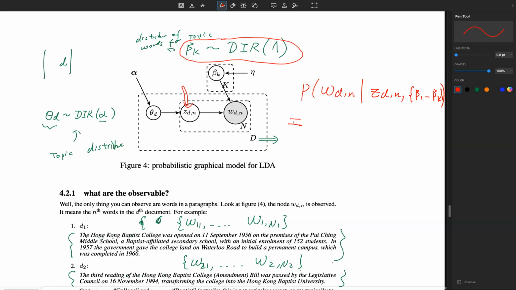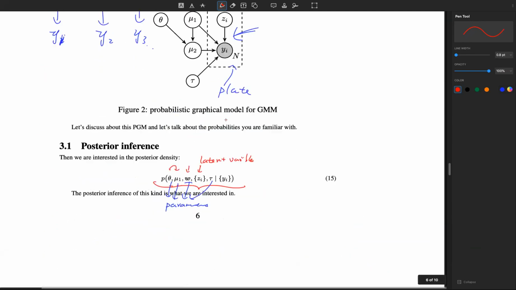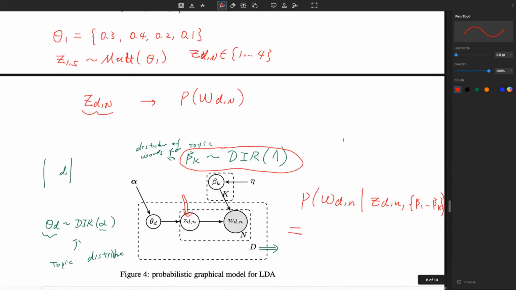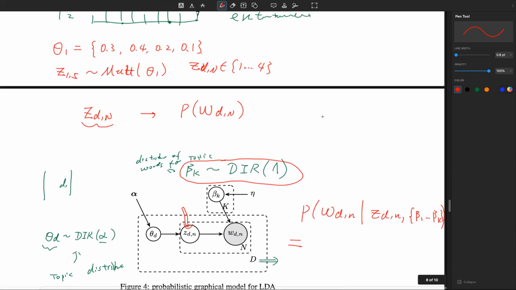Let me give you a hint. Remember, we have talked about this before, right? The Gaussian mixture model case. Knowing Z, which index has distributed from that. So you knowing which Gaussian has generated that.